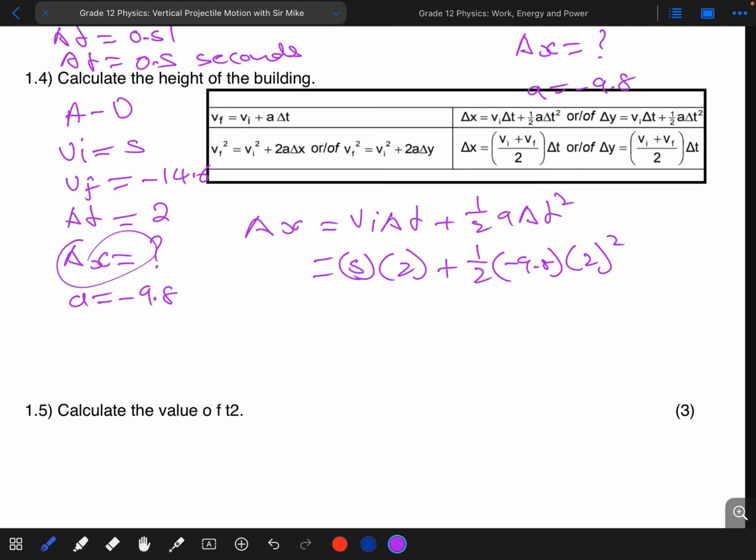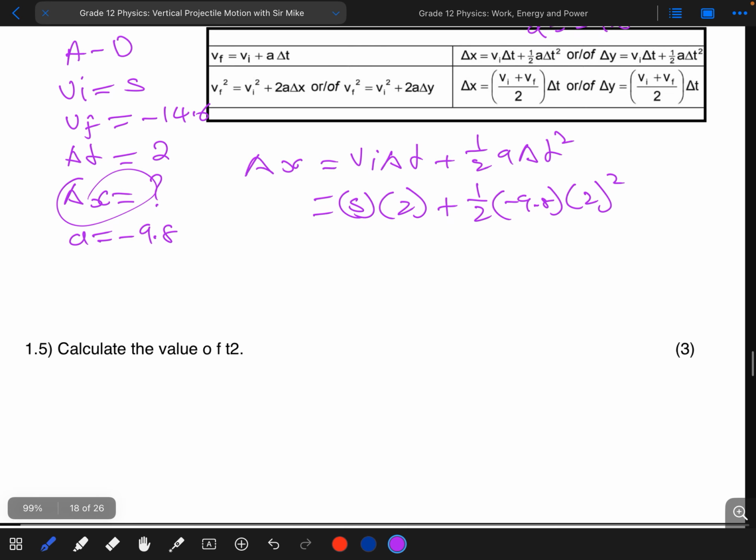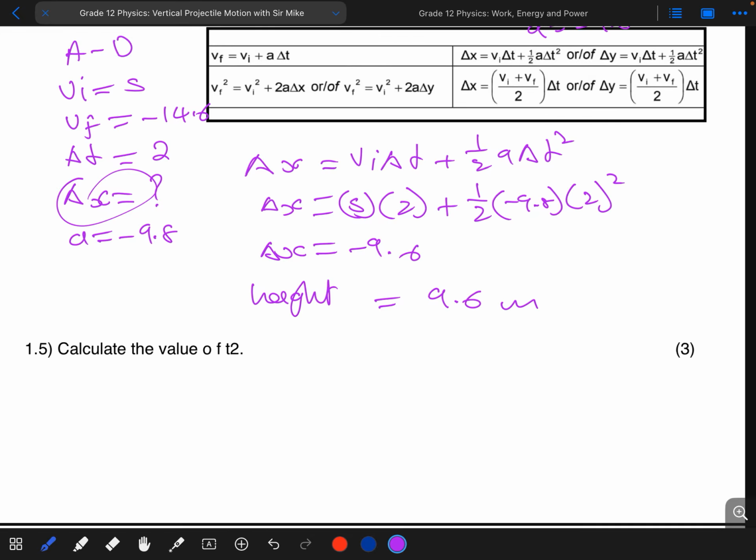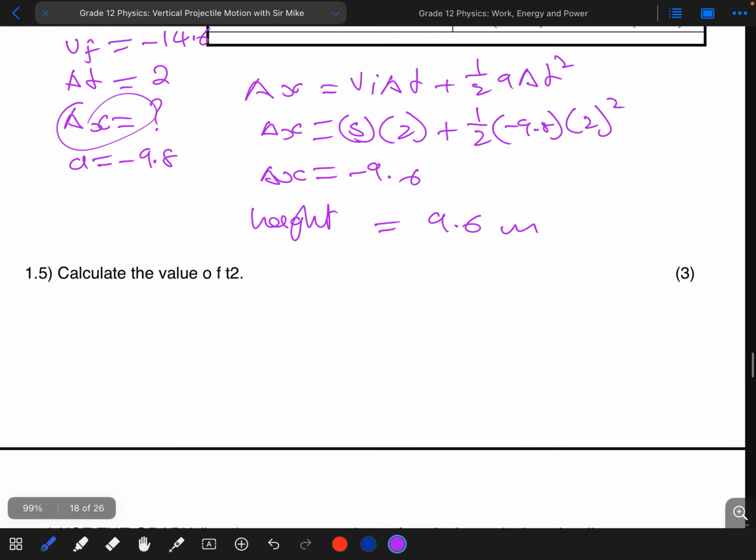If you put that into your calculator, your displacement is negative 9.6. So the height of the building would be 9.6 meters. That will be what you get there.